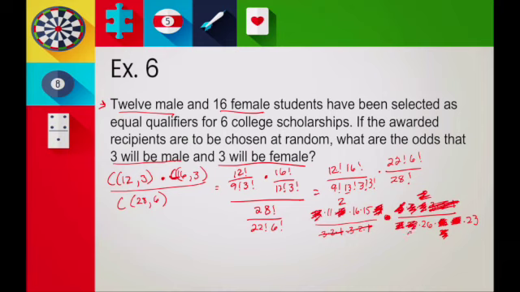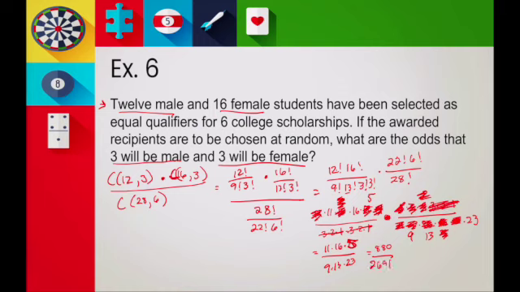Cancel a 3 out of here. Can cancel 13. Cancel that too. So we get 11 times 16 times 5 over 9 times 13 times 23. That's 880 over 2,691.